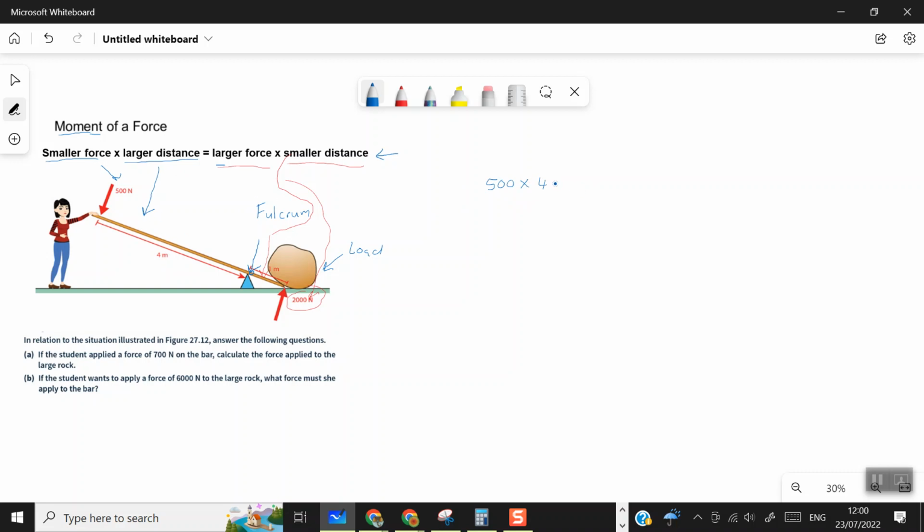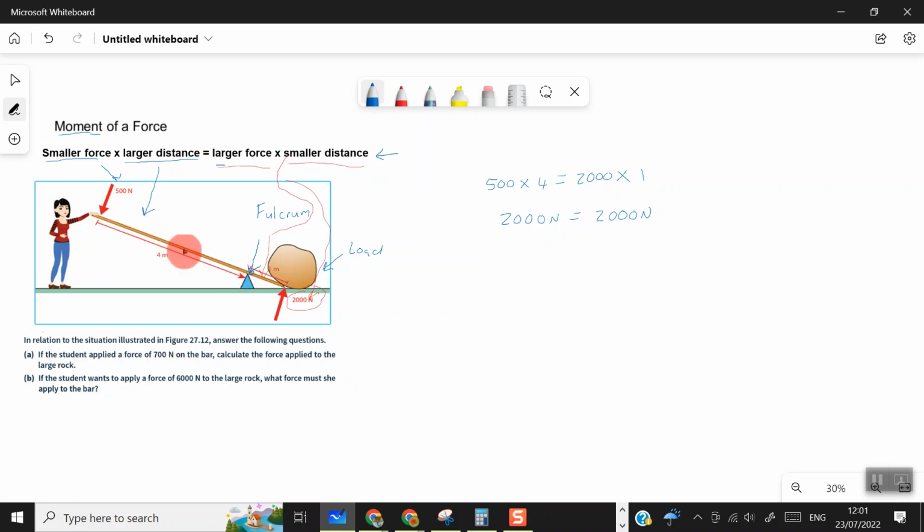So newtons and meters is equal to the larger force, which is 2000 newtons, multiplied by the smaller distance, which is one meter. So this side is equal to this side. If we multiply these out, we see that 2000 newtons is equal to 2000 newtons.